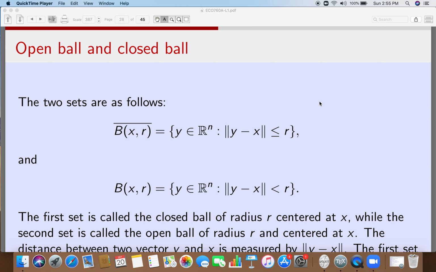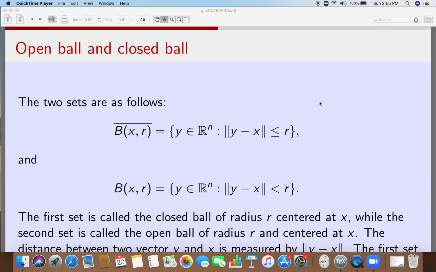While B(x, r), where you don't have the overline, is called the open ball. We will soon prove that the first one is a closed set and the second one is an open set, or rather there is an exercise for you to prove this. This is called the open ball centered at x of radius r. If you look at the disk again, I draw a circle of radius r and shade everything inside the circular zone.